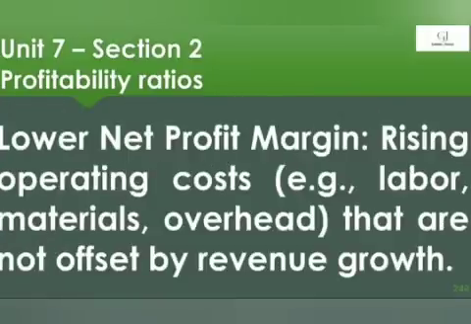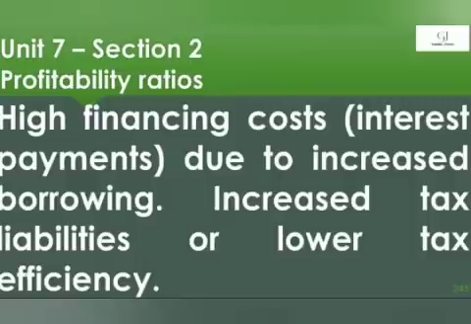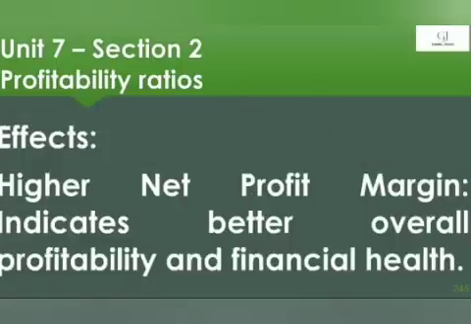While a lower net profit shows there's high cost, whether direct or indirect, that are not offset by revenue growth. So as revenue is growing, the NPM, net profit, should be growing too, in my opinion. Higher financing costs like interest expense due to increased borrowing, that's debt, increased tax liabilities, and lower tax efficiencies.